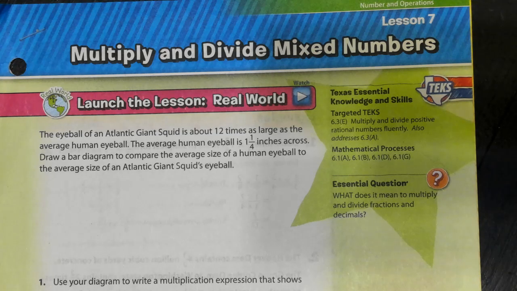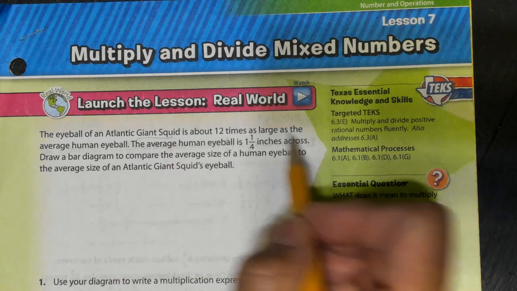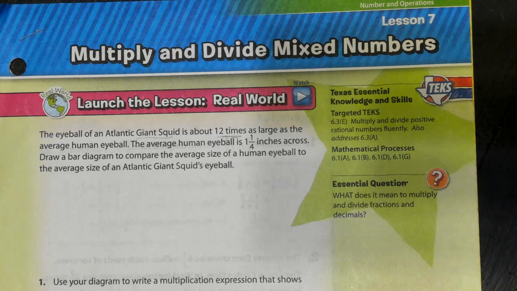Draw a bar diagram to compare the average size of a human eyeball to the average size of the Atlantic giant squid's eyeball. What we know is that the giant squid eyeball is about 12 times as large as the average human.